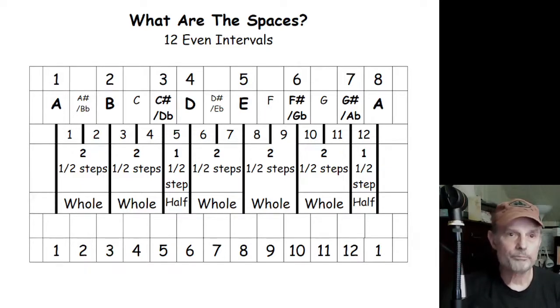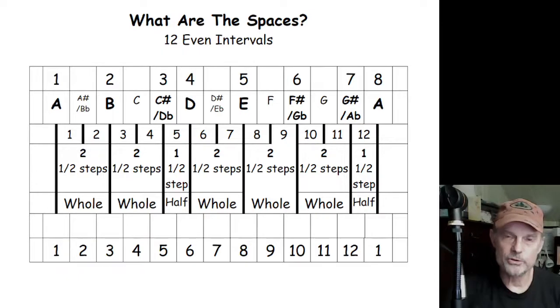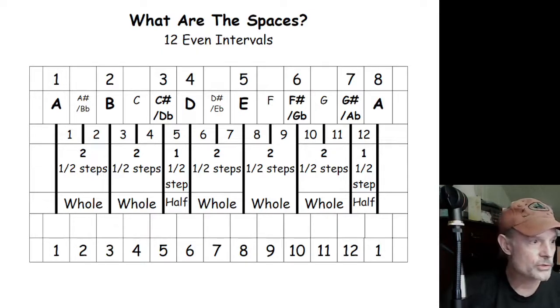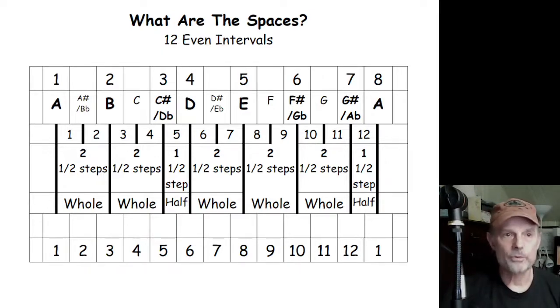So we want to remember 2-2-1, 2-2-2-1 as our major scale formula. So this is what's important to understand from here. Let's just review. An octave is a higher note that is so consonant that it sounds like the same note. And this is the reason it is the basis of music theory.